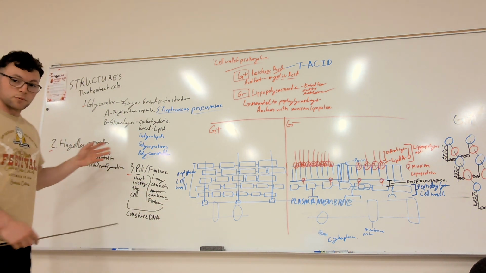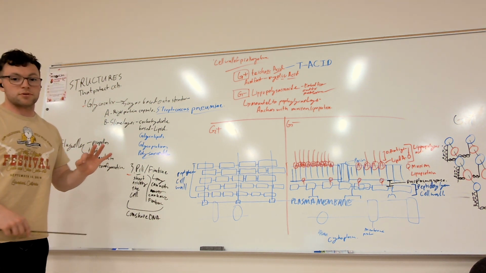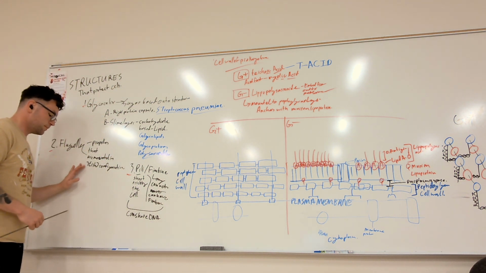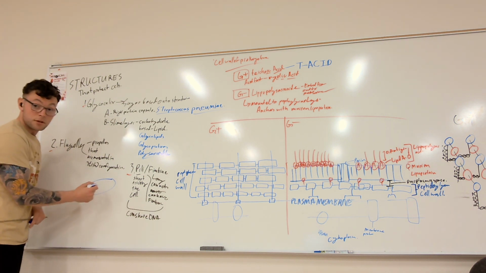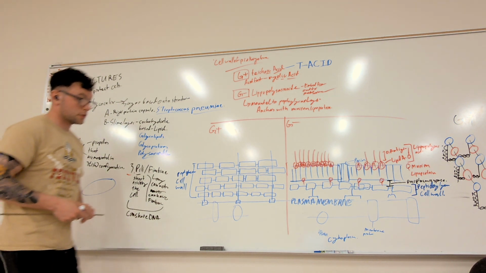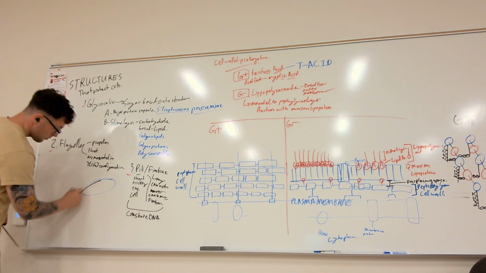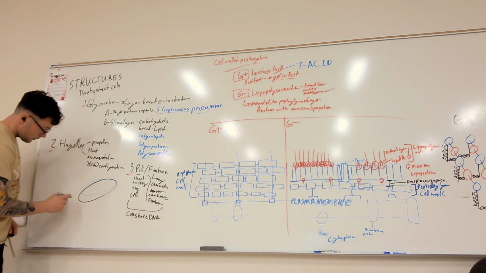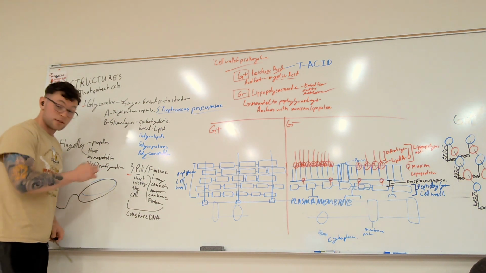Flagella, they're little propellers. You've got three different kinds of compositions of them. You've got one that's like, okay, here's your cell. That's a bad color. And you got this one, you got one of them. And that's one kind.